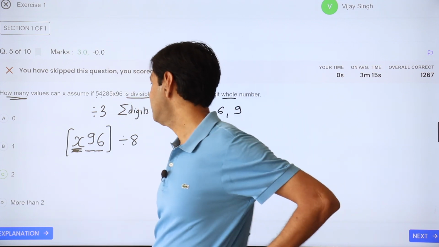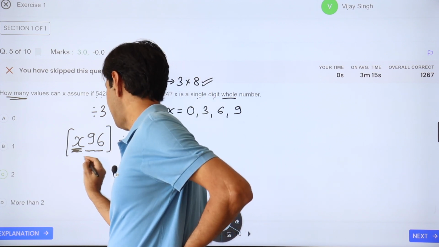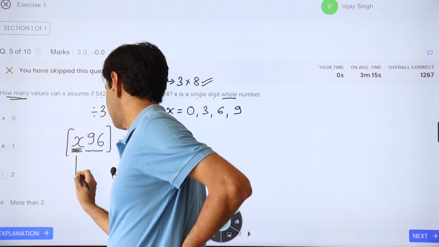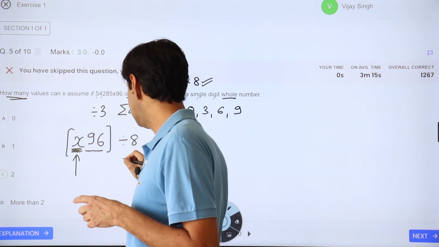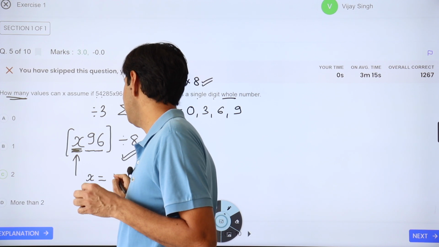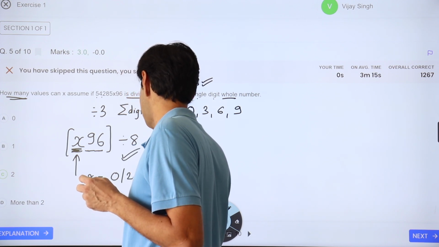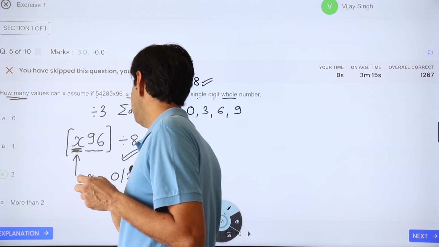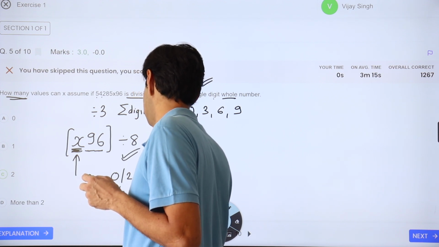If the unknown is in the hundreds place and it's divisible by 8, then x could either be from the set 0, 2, 4, 6 or 8, or from the other set 1, 3, 5, 7, 9.